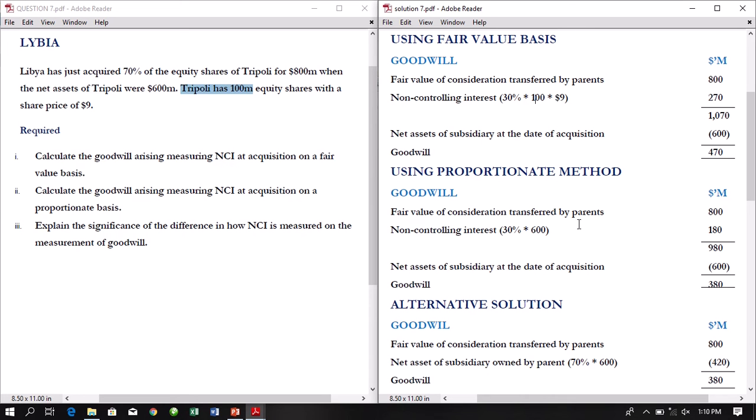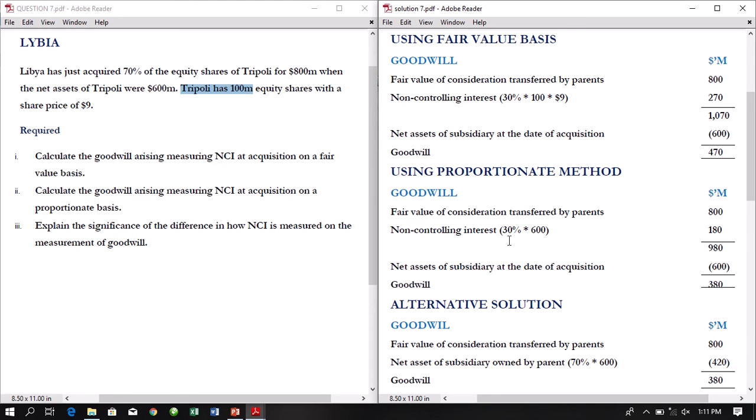You just multiply the percentage holding by the non-controlling interest multiplied by your net asset at the date of acquisition.